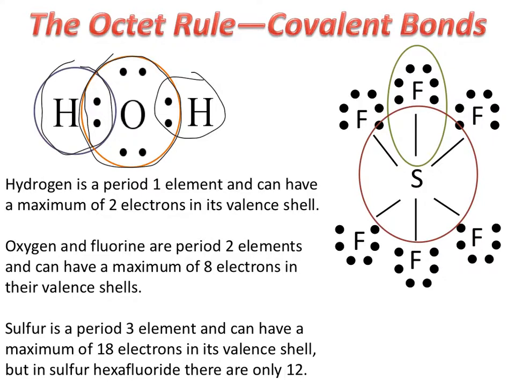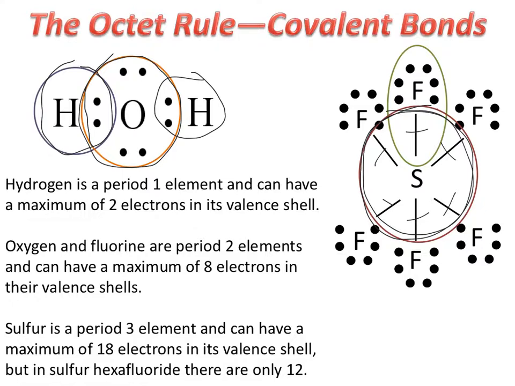Similarly, fluorine over here in sulfur hexafluoride will have 8 total electrons in its valence shell, 2 from the bond here, and then 6 lone electrons out here, for a total of 8. However, looking at the sulfur, we see that it has surrounding it 6 bonds. 1, 2, 3, 4, 5, 6.